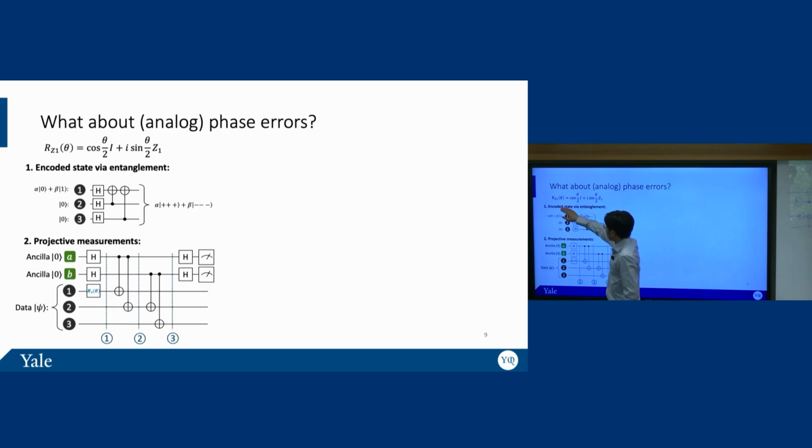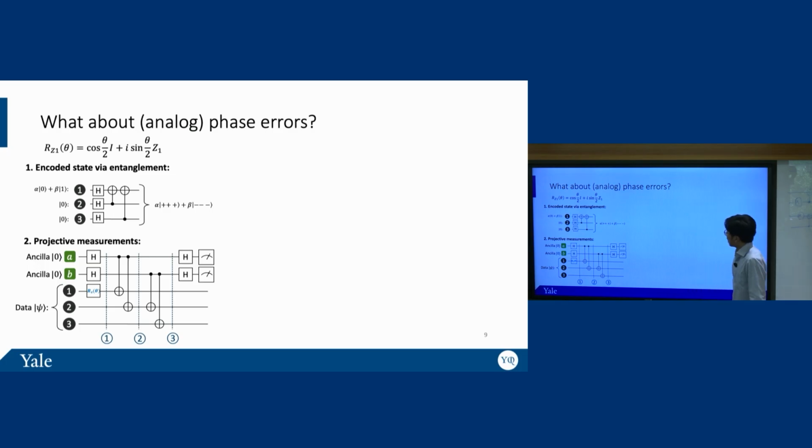The definition of a rotation, for example, on the first qubit about the z-axis, can be written as a linear combination of doing nothing, the identity, and a Z flip on the second term of the superposition. But it's a linear combination, and the weights of the linear combination depend on the rotation angle.